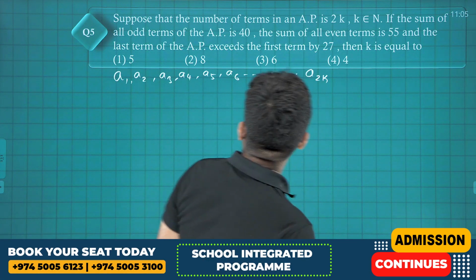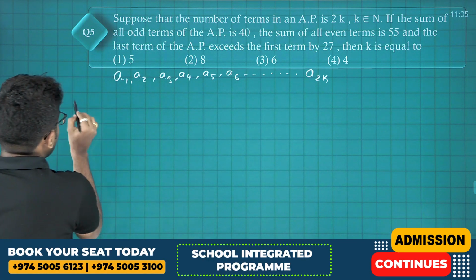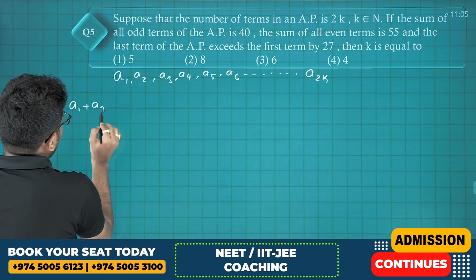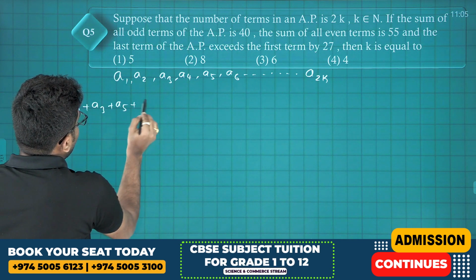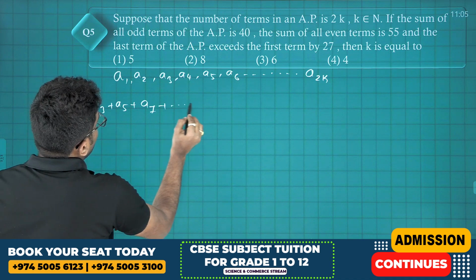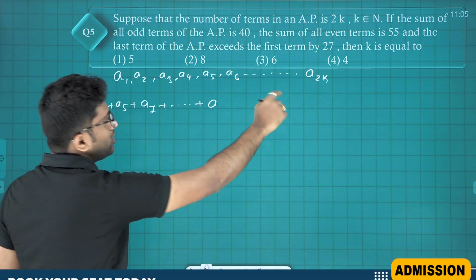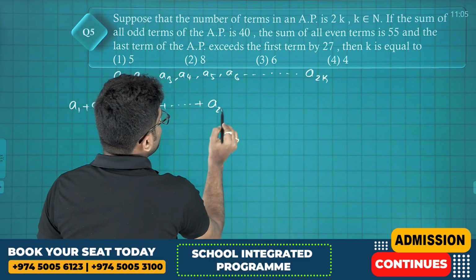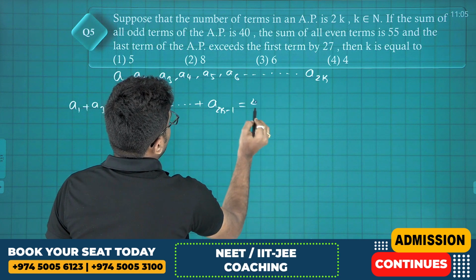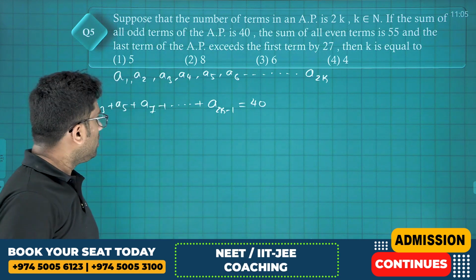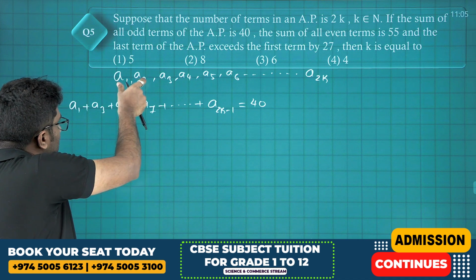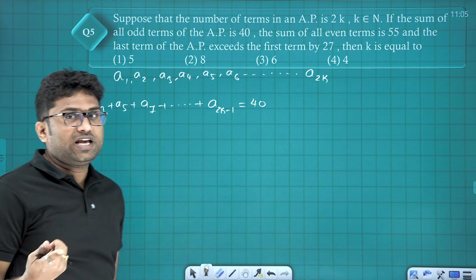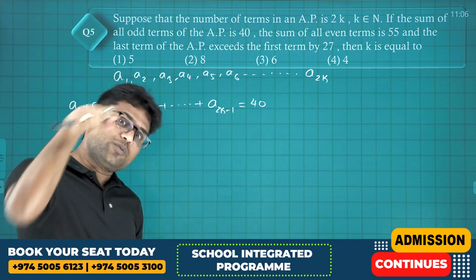Now they have given the sum of all odd terms. What do you mean by sum of all odd terms? A1 plus A3 plus A5 plus A7 and so on. Last odd term will be A2k minus 1, equal to 40. Now see friends, selection of terms in an AP with regular intervals will also be in AP.